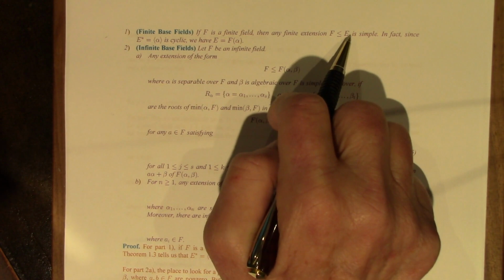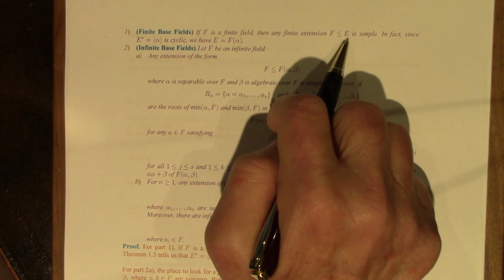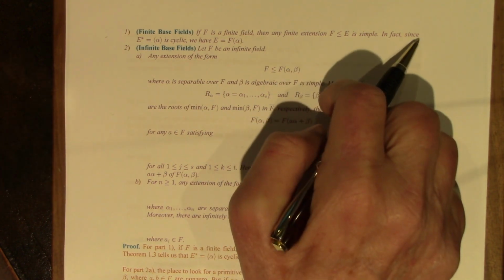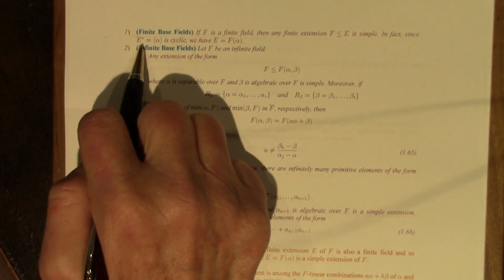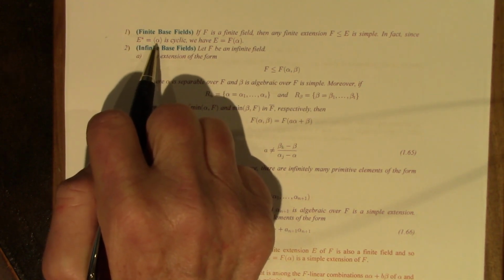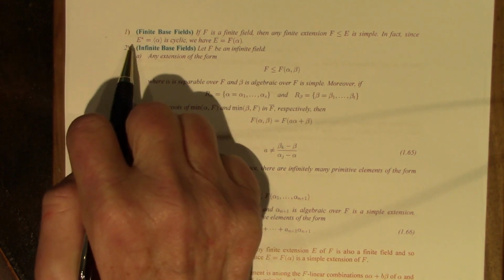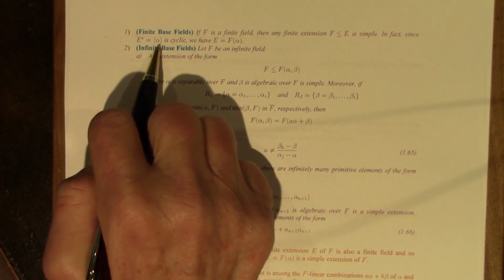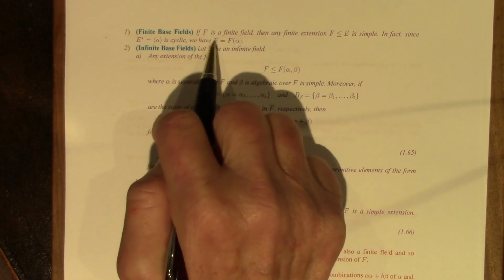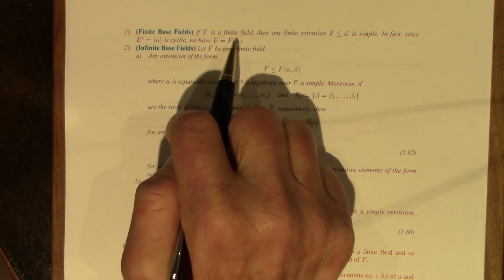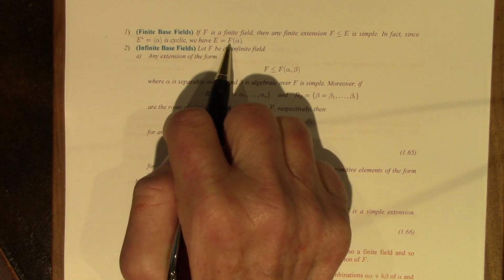And in fact, that's really a one-sentence proof because E star is cyclic, generated by a single element. The group E star is generated by, say, alpha, and therefore the field E is generated by alpha over F.